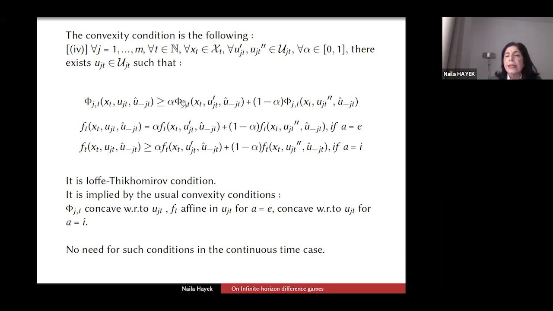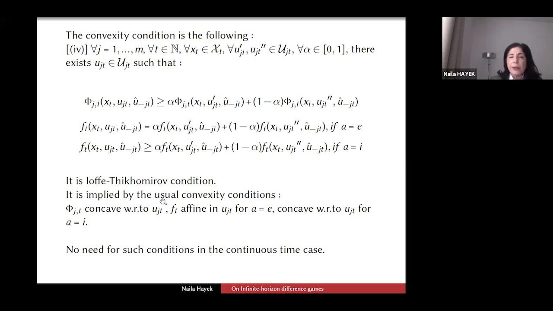It's like a convexity, a concavity condition. You will have the equality for the ft in case we work in a problem with difference equalities, and for inequalities, we will need a kind of concavity. So this condition is complicated to write, not to think of.